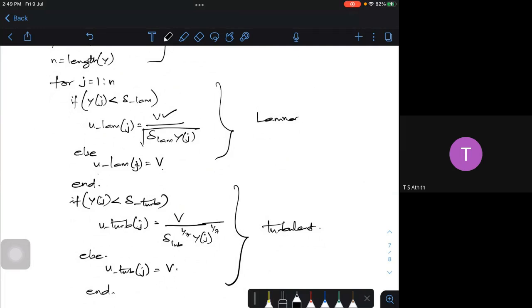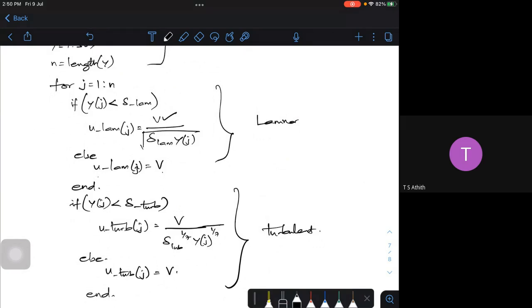It won't satisfy the units of velocity. y of j is in meters. This is meters per second. This is meters, this is also meters.